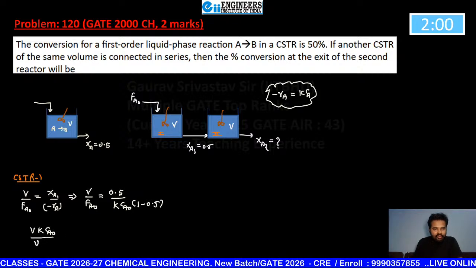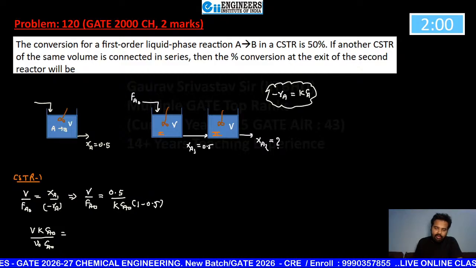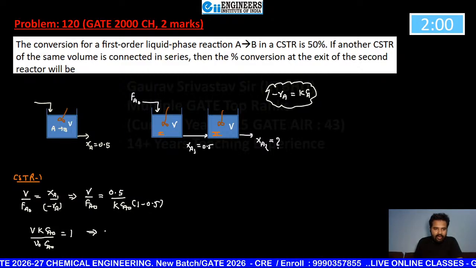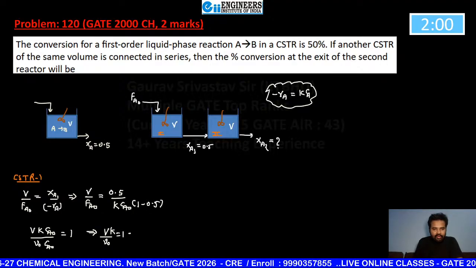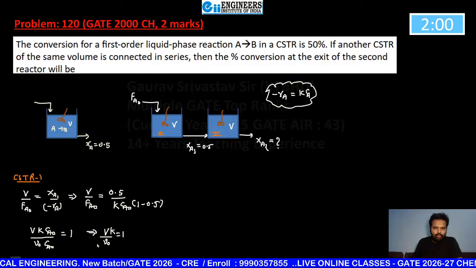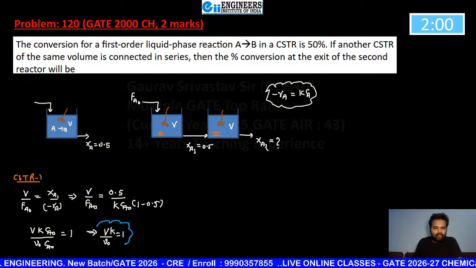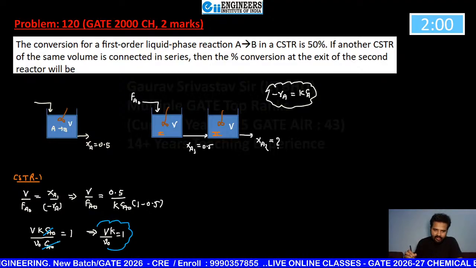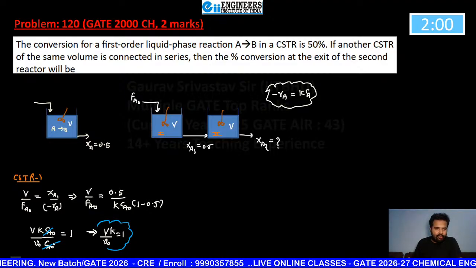Fa naught can be written as V naught CA naught, so it is 0.5 upon 1 minus 0.5, that is 0.5 by 0.5, that means 1. Or you can write V K by V naught as 1, or just leave it in this form, no need to write in terms of tau. CA naught cancelled. I hope till now everything is crystal clear to all of you.